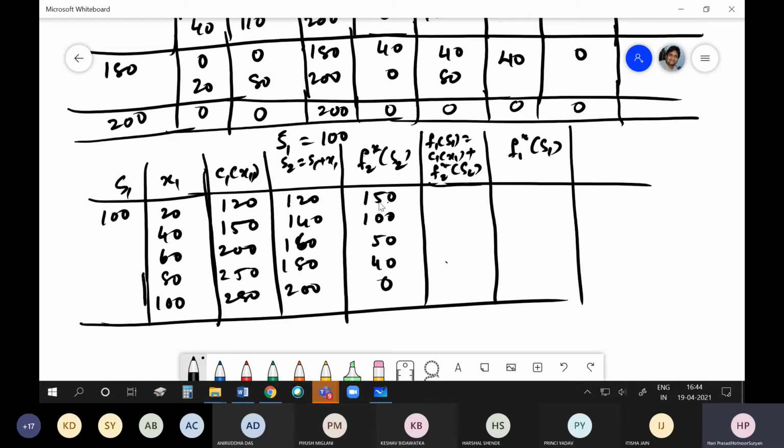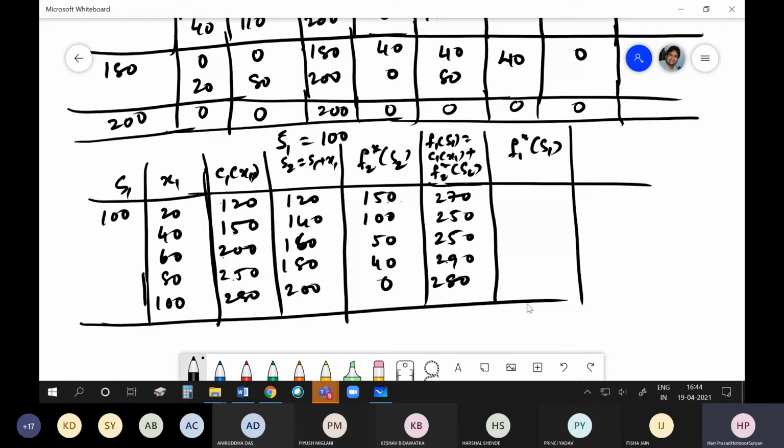This is the summation of this and this, which works out to be 270, 250, 250, 290, and 280. Addition of c1 of x1 plus f2 star of s2: 270, 250, 250, 290, and 280.